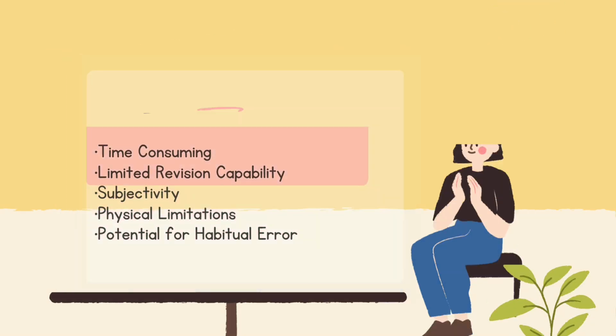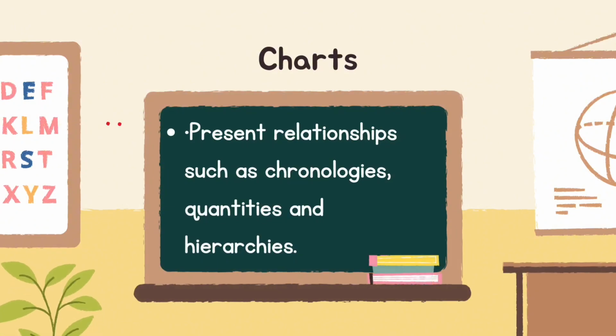Next is chart. Charts present relationships such as chronologies, quantities, and hierarchies. It means a chart is a graphical representation for data visualization from the past up to the present. The data is represented by symbols. When we say chronologies, it is the arrangement of events or dates in their occurrence.